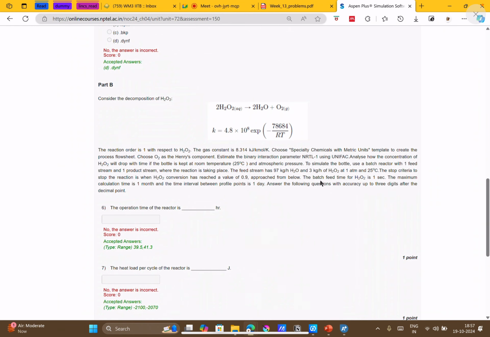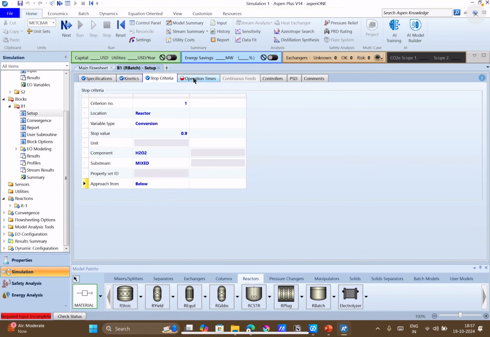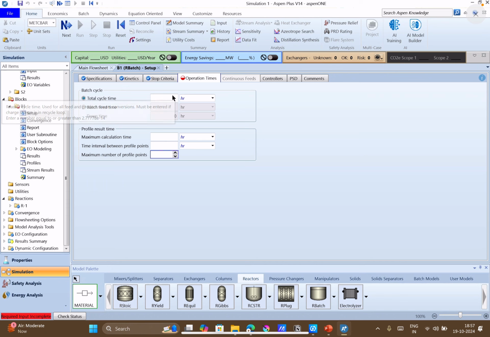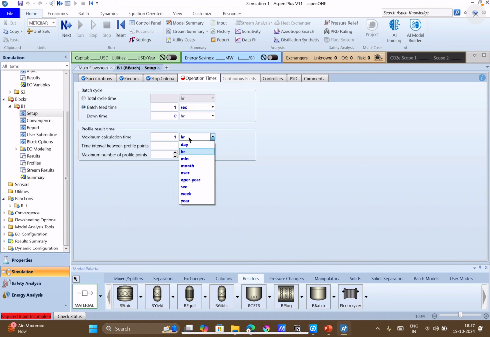See the batch feed, the stop criteria is when H2O2 conversion has reached a value of 0.9, approach from below. The batch feed time for H2O2 is 1 second and maximum calculation time is 1 month. So operation time, batch feed time is 1 second, maximum calculation time is 1 month.